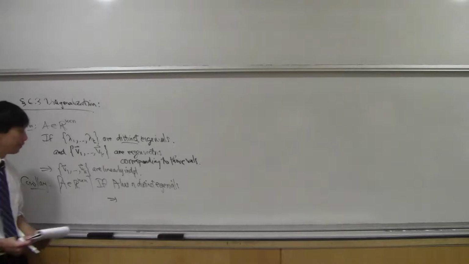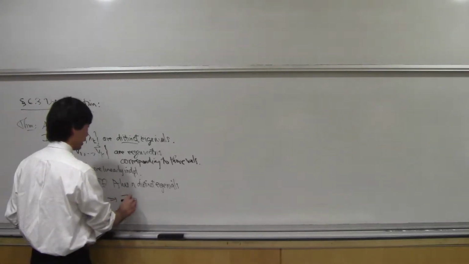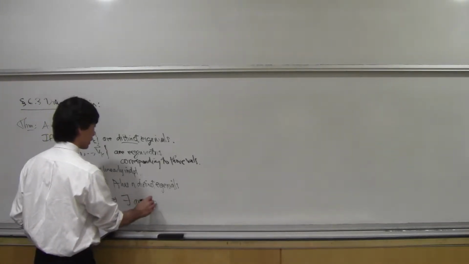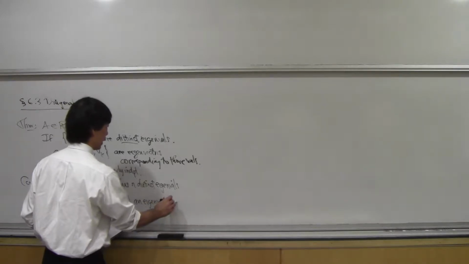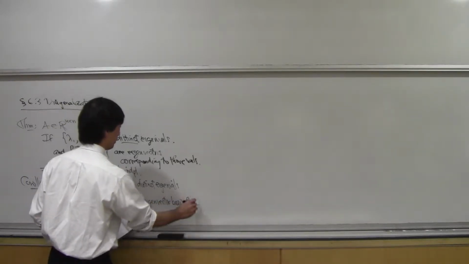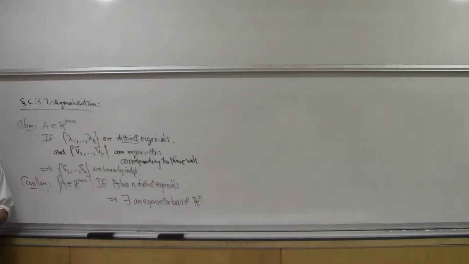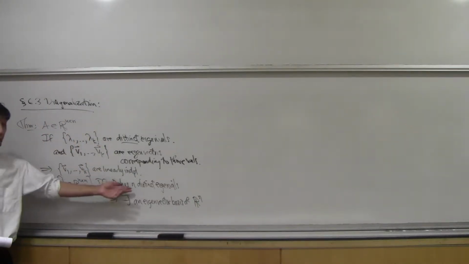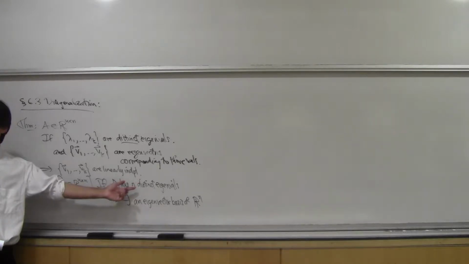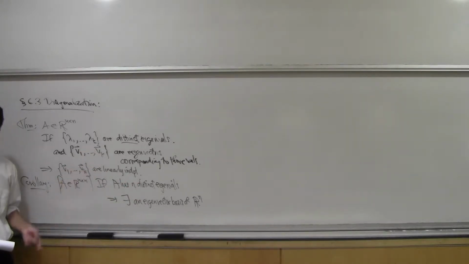And so we would have an eigenvector basis of R^n. Because there would be n distinct eigenvalues, you could find n linearly independent eigenvectors. That would be your eigenvector basis, right?